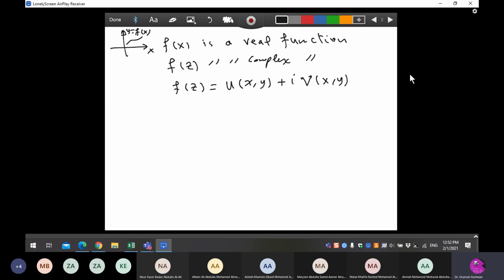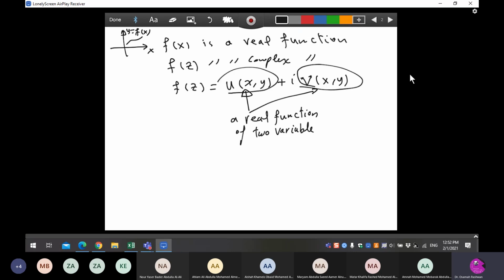So this is the form of the complex function. This is a real function of two variables. And also this is a real function of two variables, right? This is the complex function.